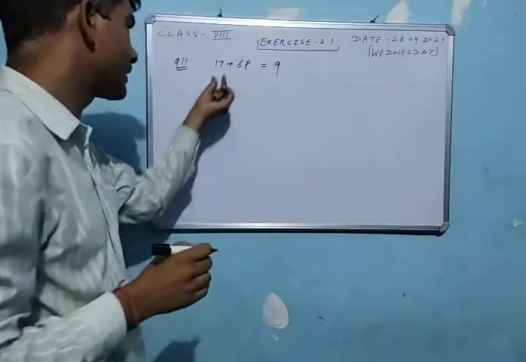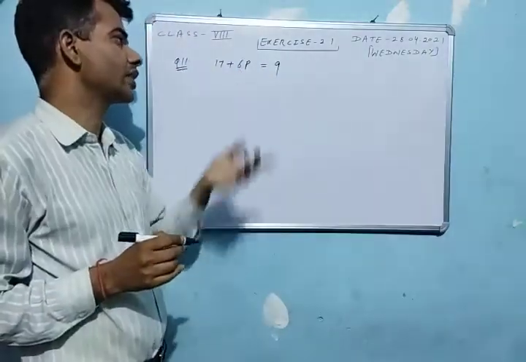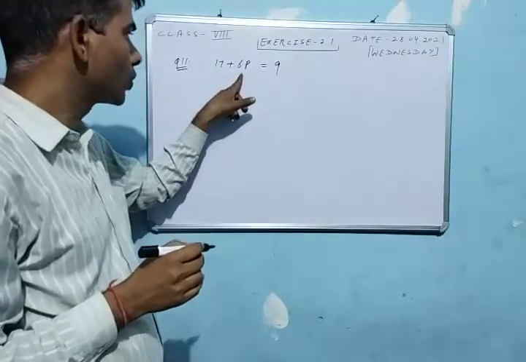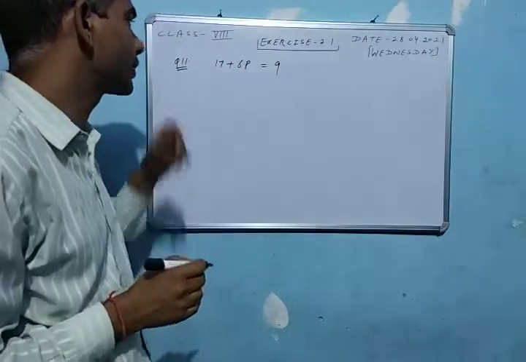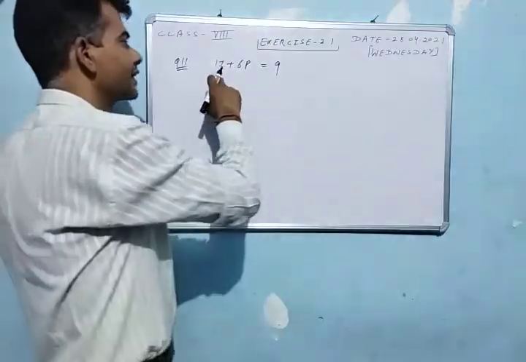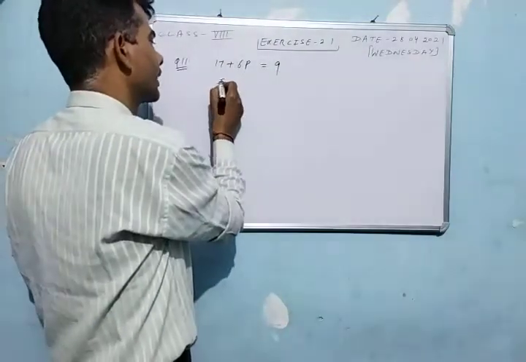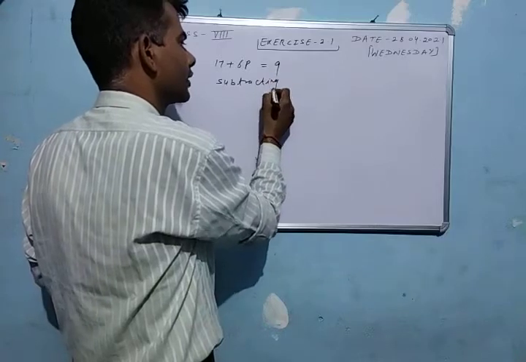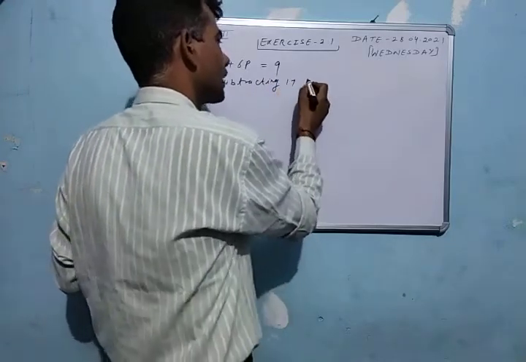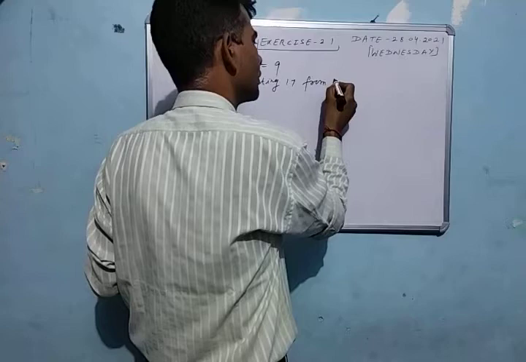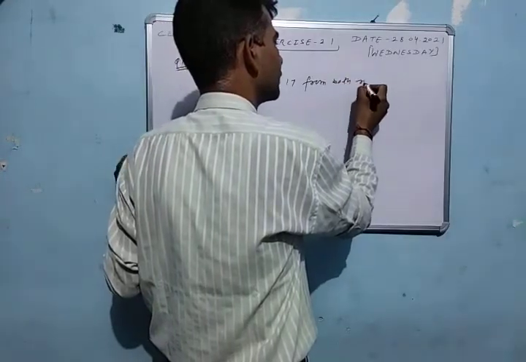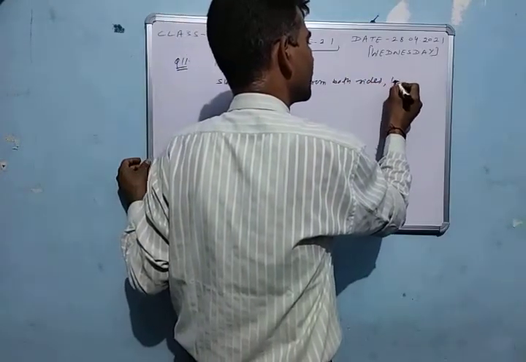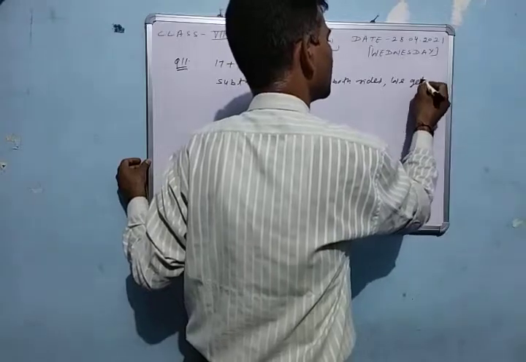Now students, 17 is added to 6p. Now subtract 17 from both sides.